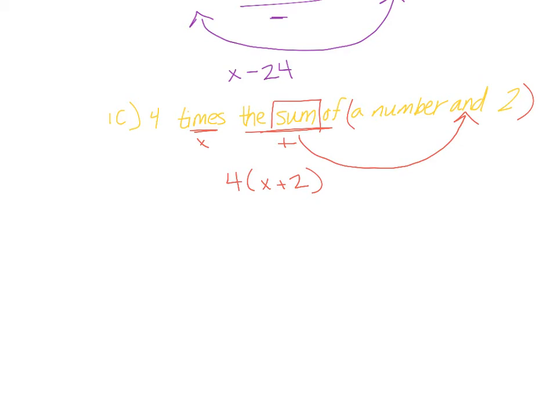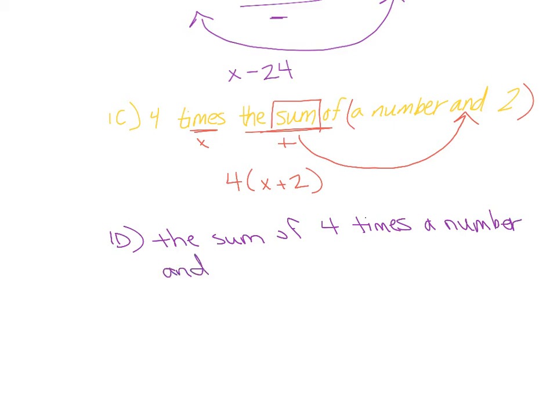The next one, 1D, says the sum of 4 times a number and 2. Okay, again, we have the sum of.